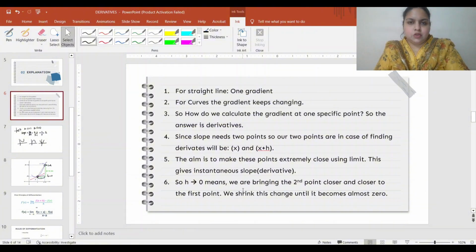The slope calculated by considering that h tends to 0 is also called the instantaneous slope or the derivative. Again, it's written here also that we bring the second point closer and closer to the first point. We shrink this change until it almost becomes 0.